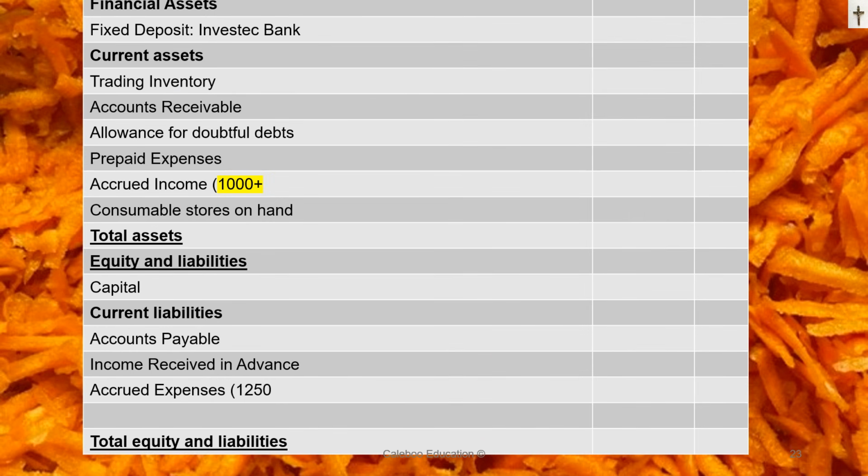Right, the accrued income, the owing interest on the fixed deposit, falls under current assets, and it's 1,000. There's no opening balance for accrued income, because this is only done at the end of the financial year, and in the new year it's reversed. So every single end of financial year, the balance is 0 for accrued income until we do the adjustment.